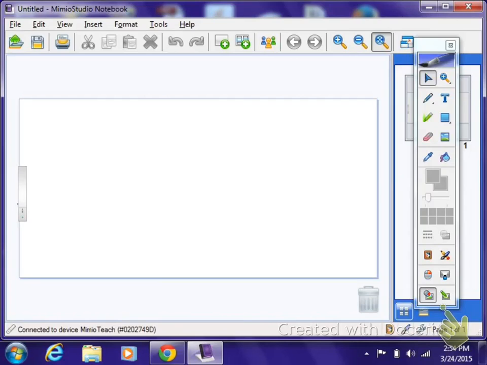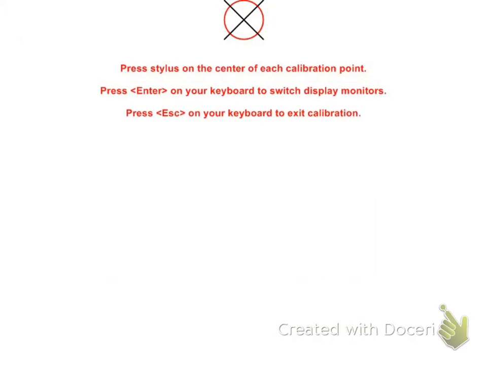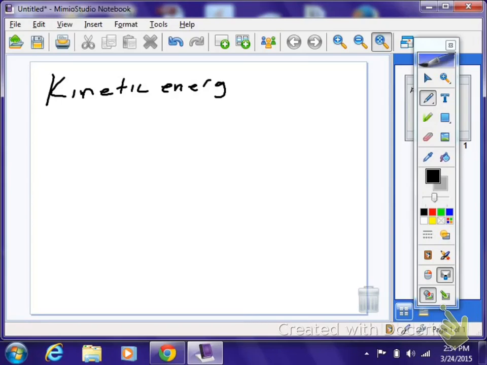The first thing we want to take a look at is the idea of kinetic energy. Okay? That's what we want to look at, is kinetic energy. Now, you have had this probably since 7th grade science, right?